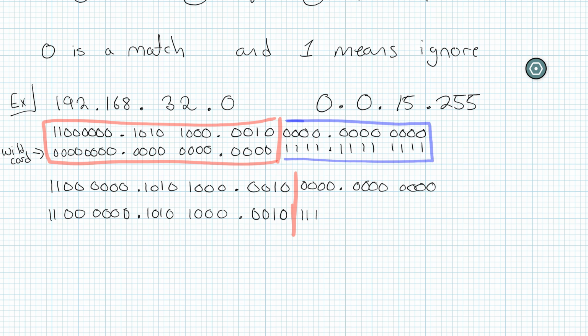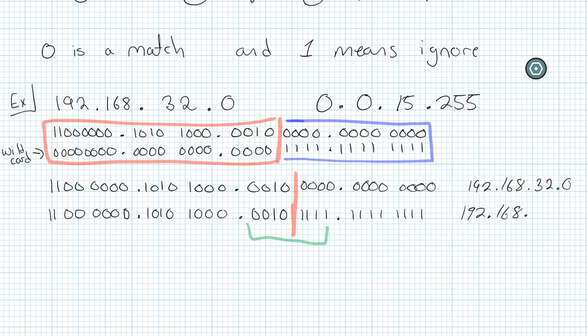We can max them out by filling them all in as ones. So what we get here is from 192.168.32.0 to 192.168. And now we need to calculate this maximum value.